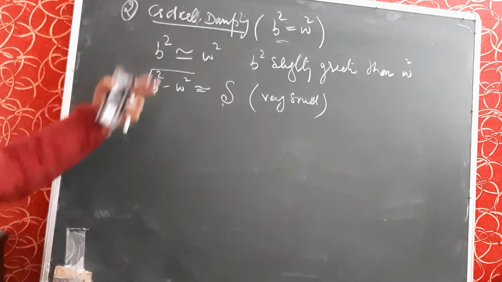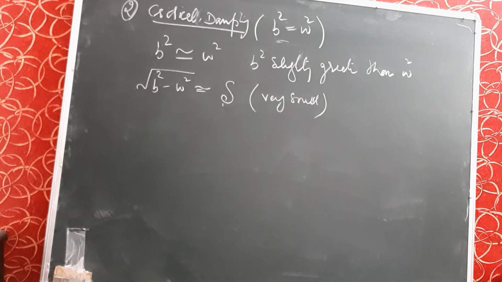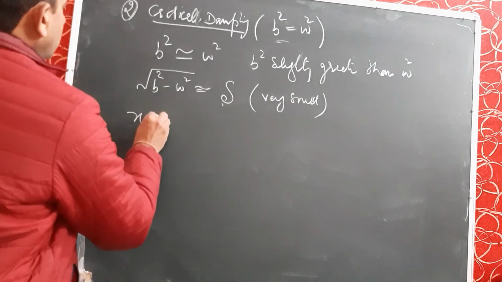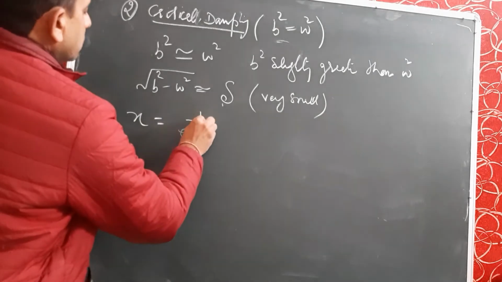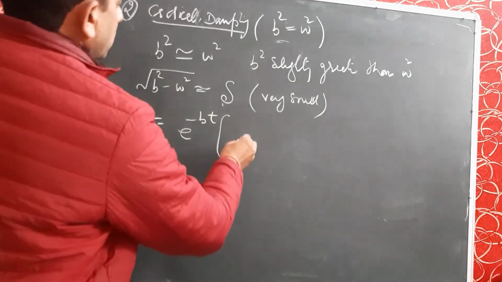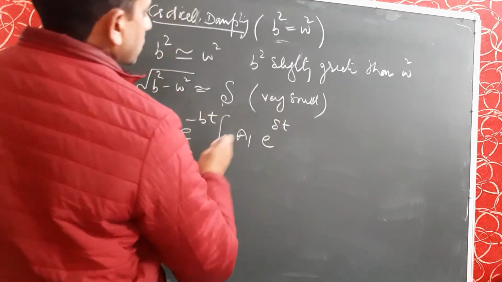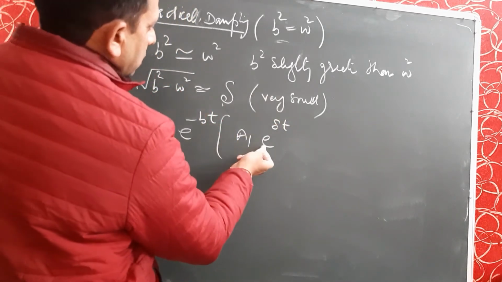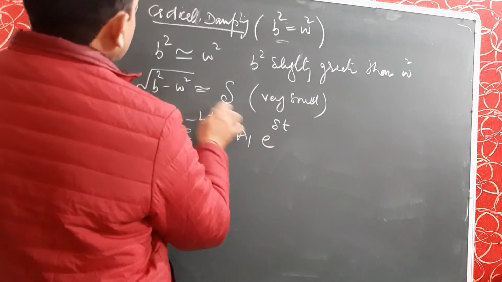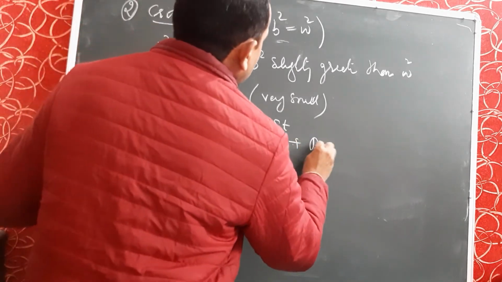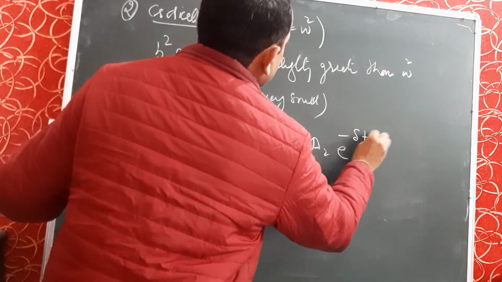This condition is only used to get the exact, possible solution of the second order differential equation. So now the value of x is e power minus bt into a1 e power delta t, because the under root of b square minus omega square is delta, times t, and a2 e power minus delta into t.